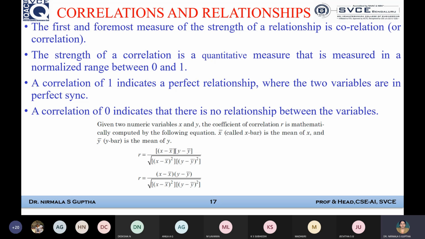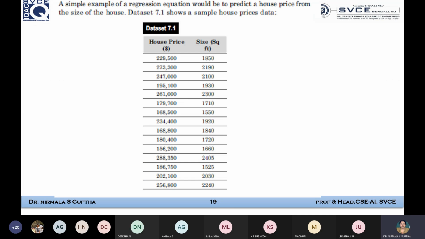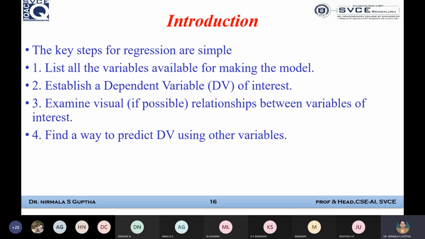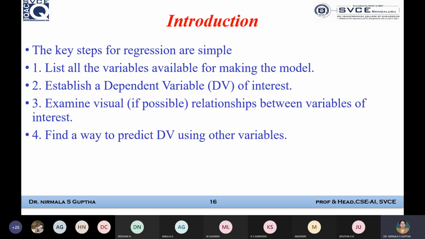Fine. So the objectives we have seen. There are five objectives which we are going to learn in this whole topic. So let us see what this regression is about. As I mentioned, it is similarly very important like our decision tree concept, which we learned in the last lesson.